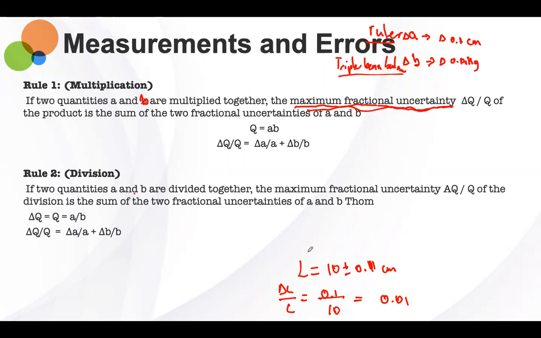In this case, length is equal to 10 plus and minus 0.1. Remember, we spoke about this the last time we met. We put the 0.1 as our delta L over 10, and that would give us 0.01 as our fractional uncertainty. Therefore, this would be a 1% error. So the error for this particular reading would be 1%.